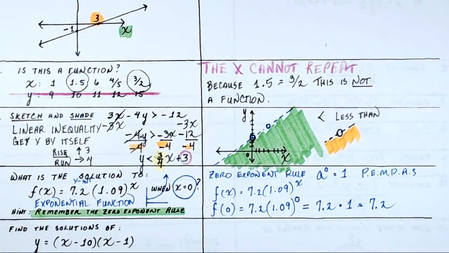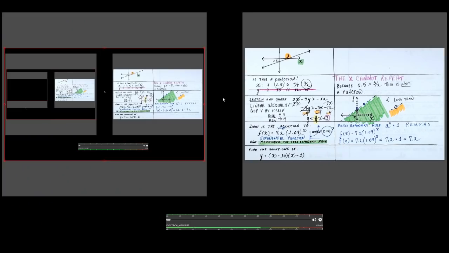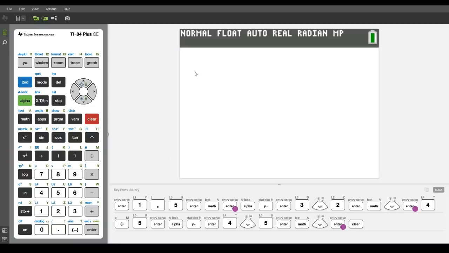Now, if you didn't remember the 0 exponent rule, you could do it in the calculator. And so we'll show that really quickly. We can do this in a number of ways. Let me clear the screen here. And I'll show this two ways. First, we'll do it on the main screen.